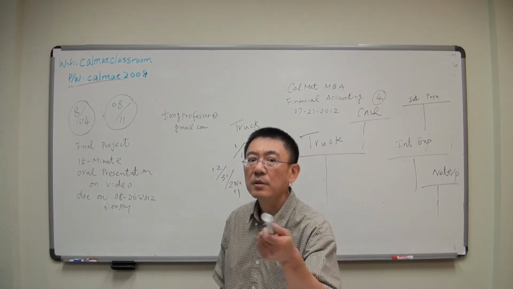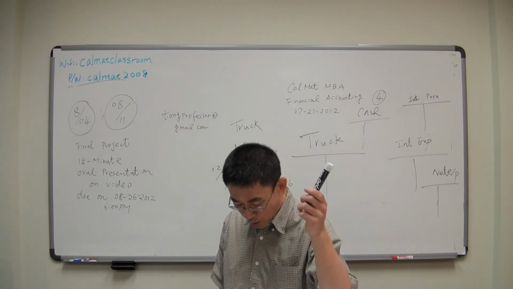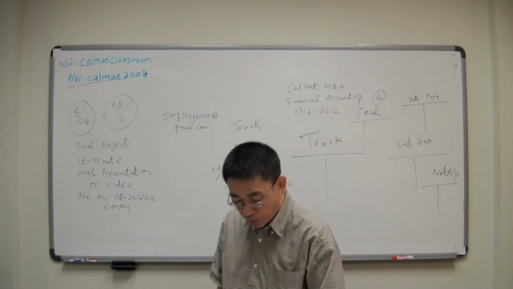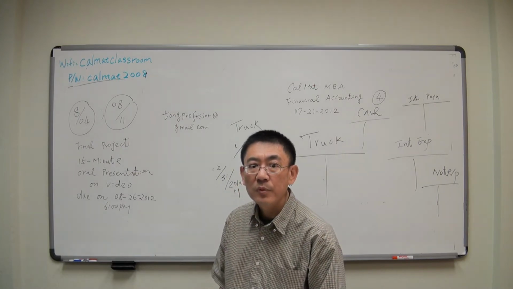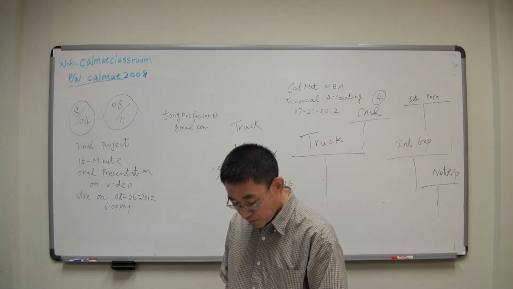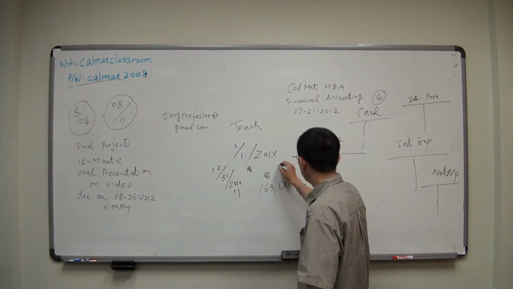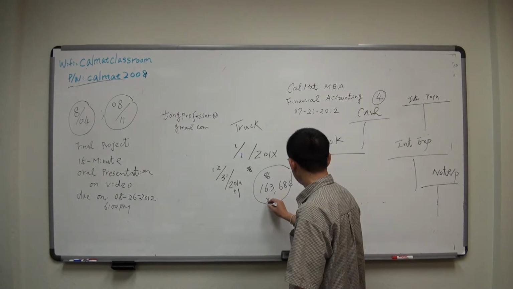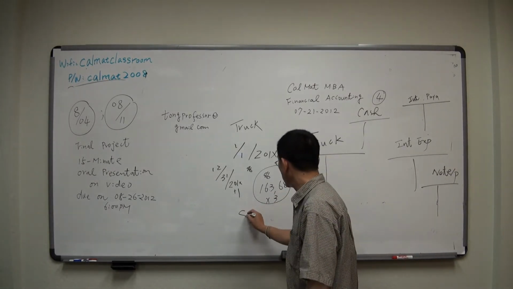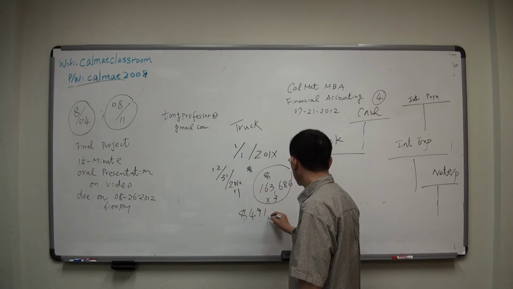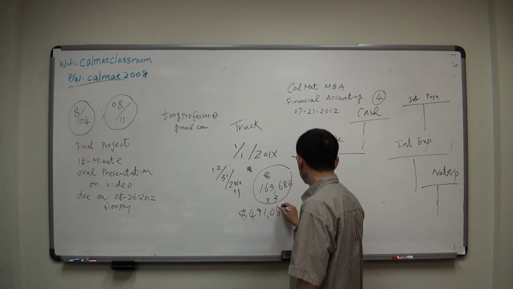Everybody, I need your help. Can everybody do me a favor? You have 163,686 times 3. What's the total? What's the total payment you're going to pay? If you have this number times 3, what's the total here? 491,058.